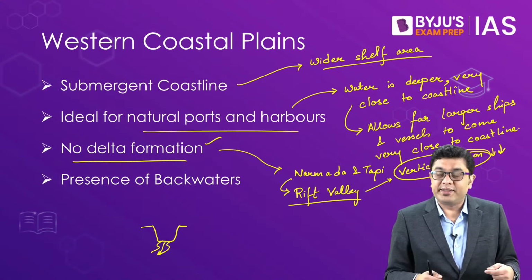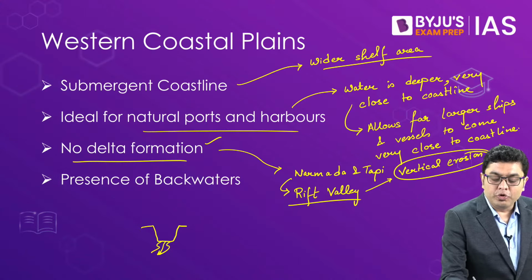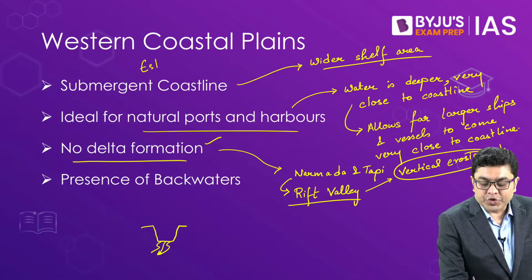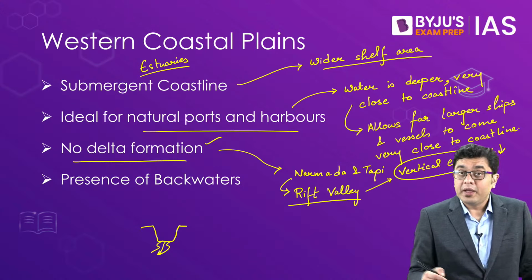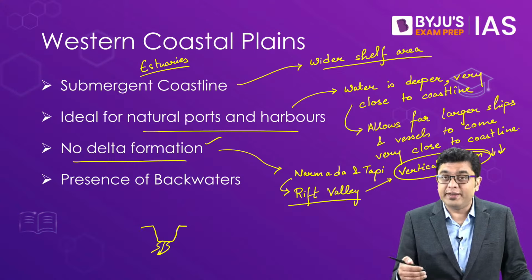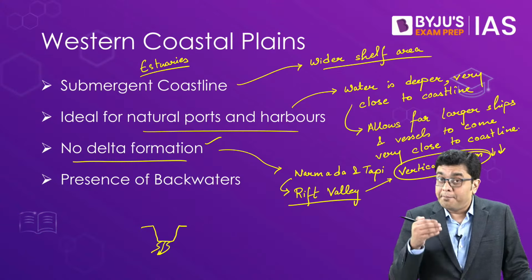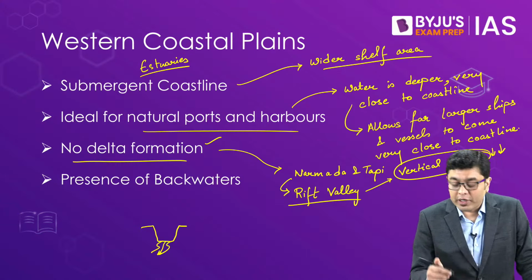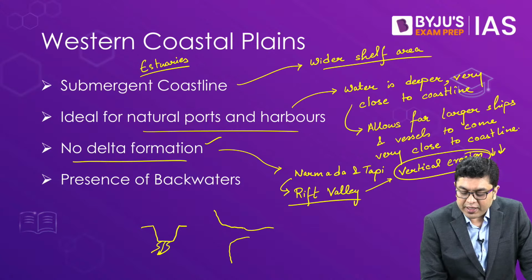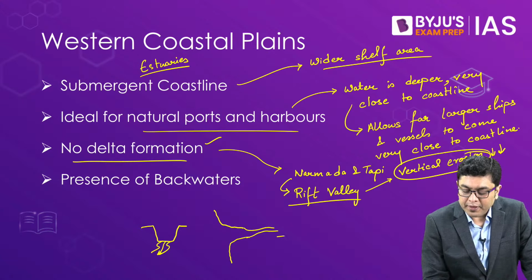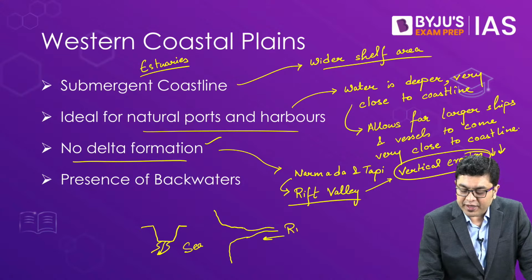Instead of deltas, along the western coastline, we do observe the formation of estuaries. Now, what are these estuaries? Estuaries are basically those areas where the river meets the sea, but here the sea water also comes slightly inwards. So if you consider a coastal landscape somewhat like this, let's suppose this is the sea and here you have the river.